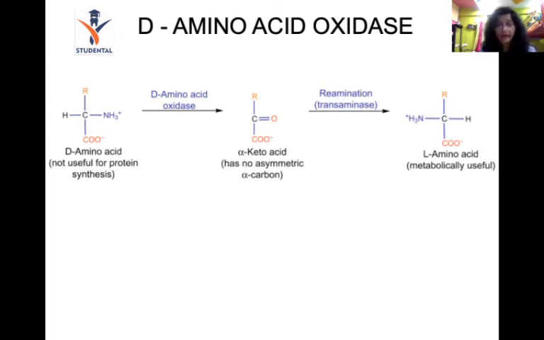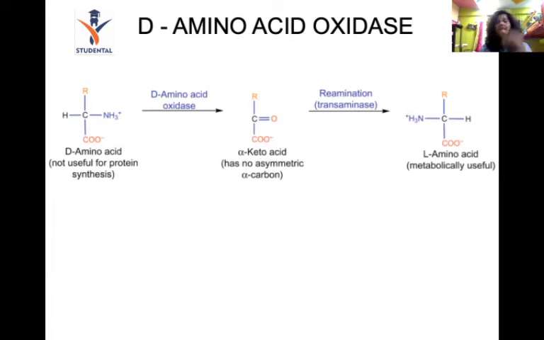Now, once this alpha keto acid is formed, it undergoes transamination and through this transamination reaction, there is a formation of L-amino acid. Now, this L-amino acid can take part in any of the metabolic reactions. It can undergo gluconeogenesis, it can give you energy, or it can even go through the formation of fat.